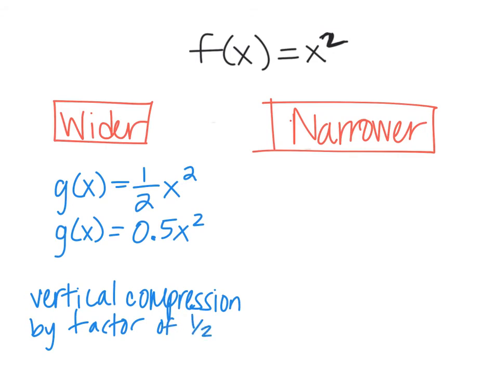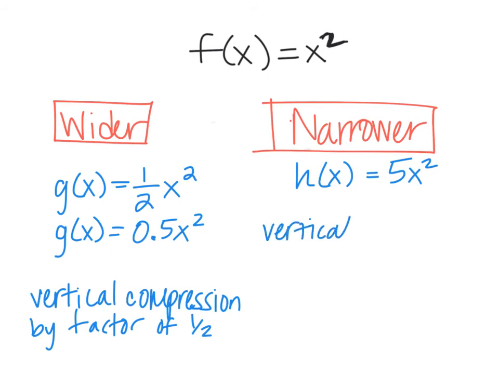Okay? On the other hand, it could get narrower or skinnier if you have an a value that's greater than 1. I'll use a different letter. How about h of x equals 5x squared. So this is a vertical stretch because it's going to get narrower.